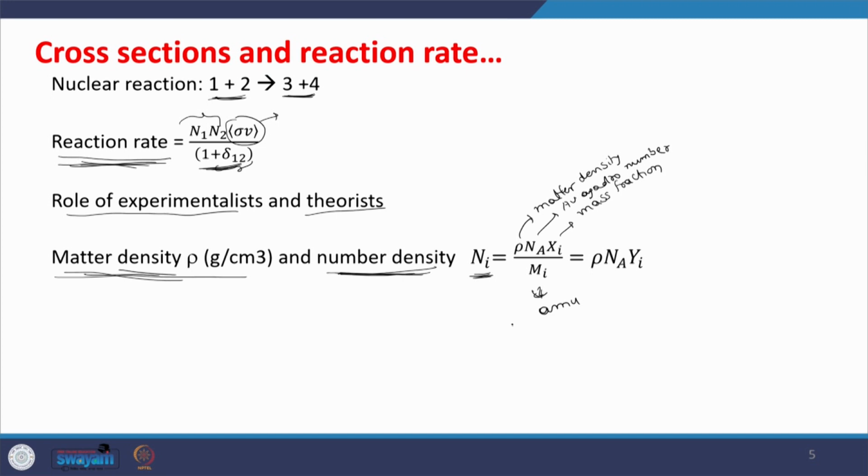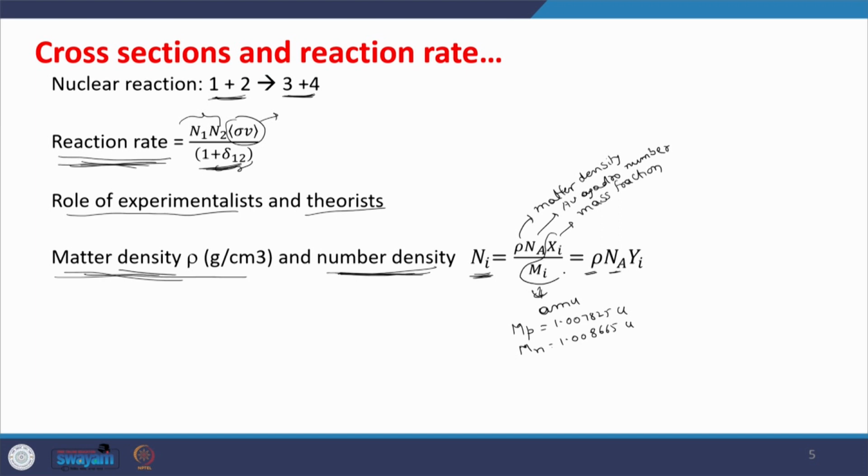For example, the mass of a proton is 1.007825 AMU or u, and the mass of a neutron is 1.008665 u.